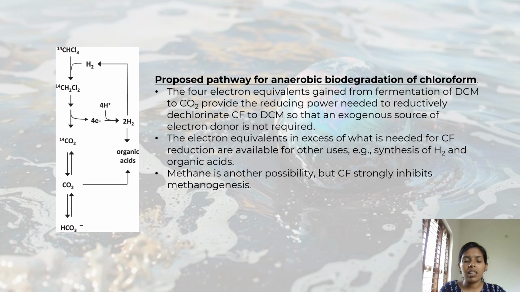And if there are any excess electrons after the reduction into DCM, they are used for the synthesis of hydrogen and/or organic acids. Methane is another possibility that could be produced through this biodegradation of chloroform, but it doesn't happen because chloroform strongly inhibits methanogenesis.